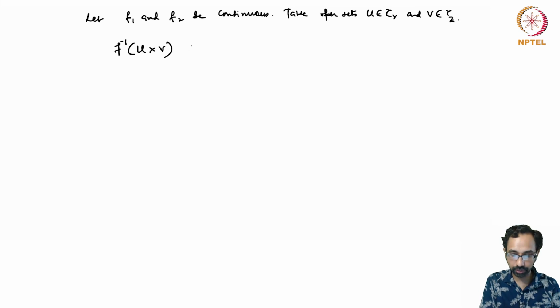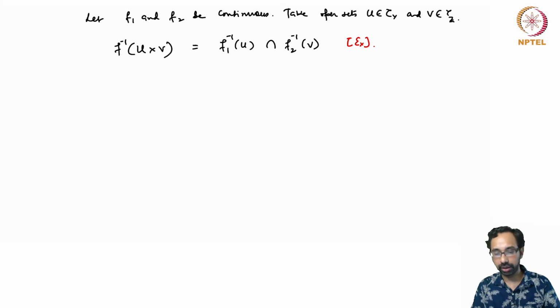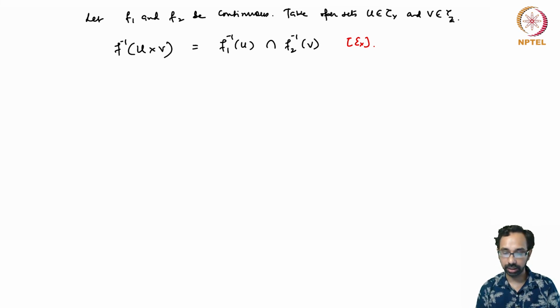Well, f inverse of U cross V is nothing but f1 inverse of U intersection f2 inverse of V, and this is again a set theoretic identity, and I want you to check this out by yourself. Just prove that each one is a subset of the other.